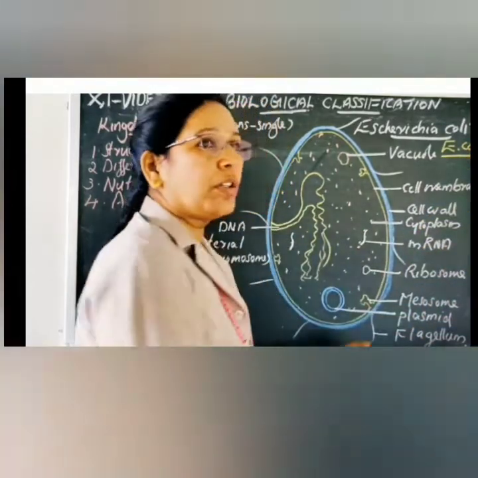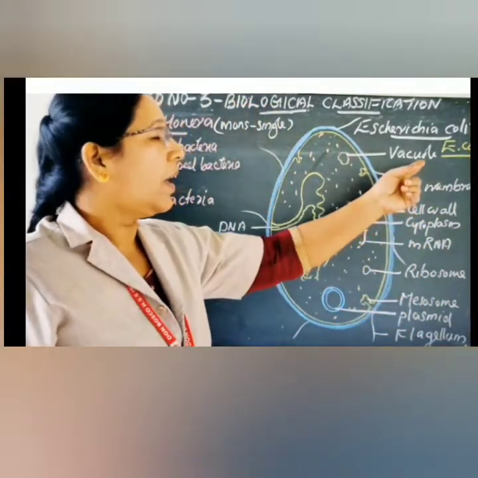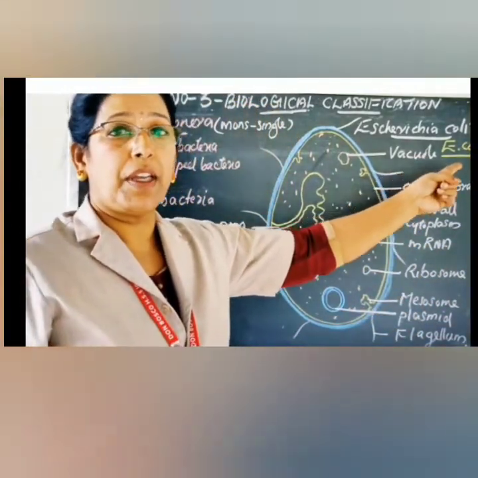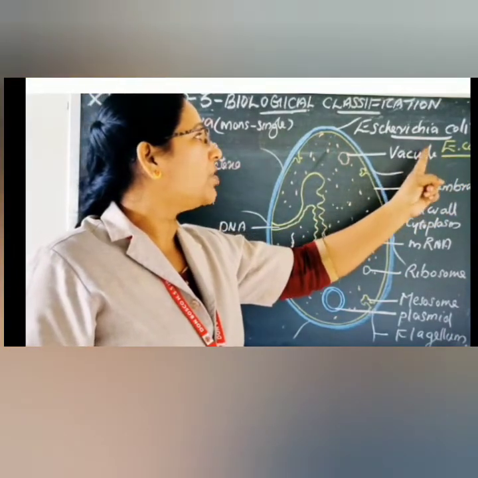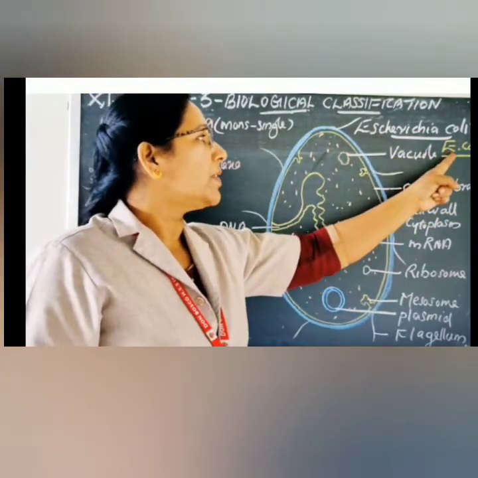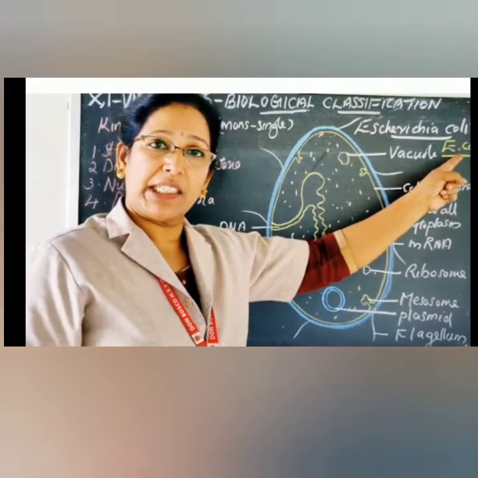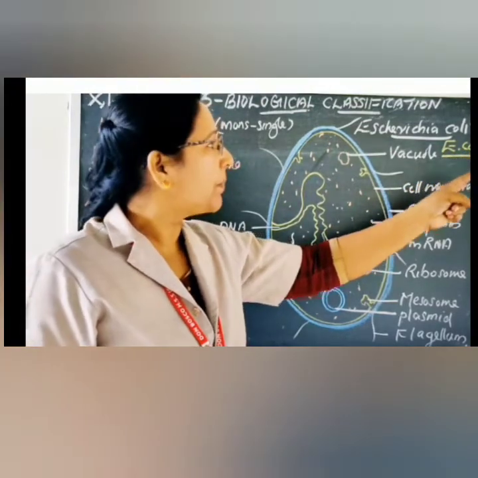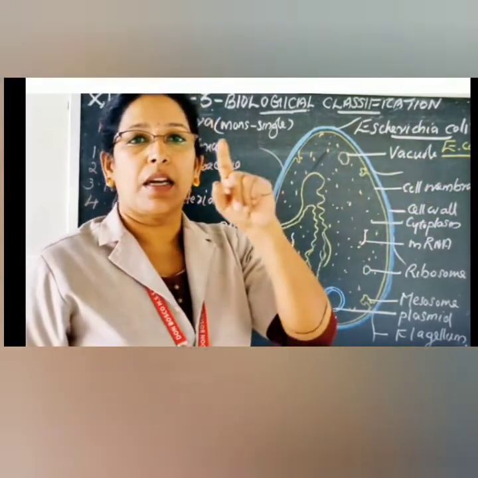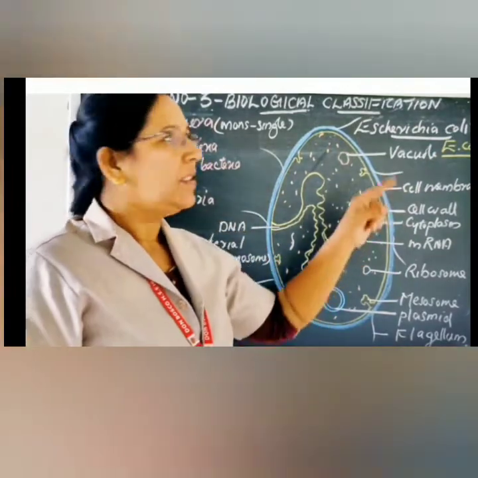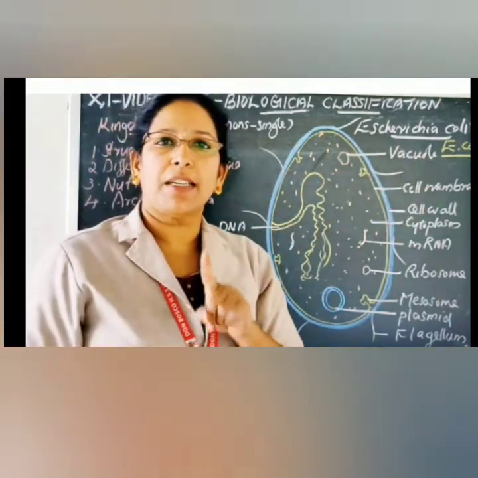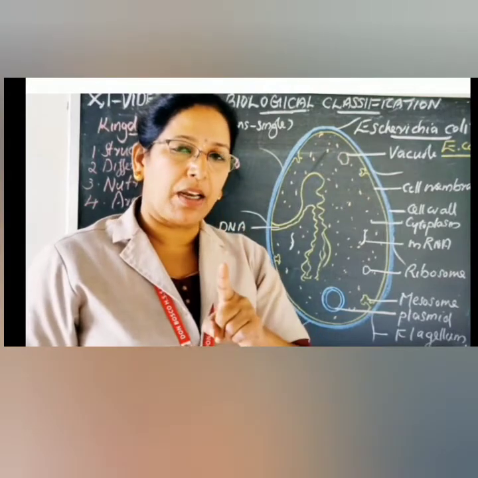That is in short. This E. coli is the scientific name of this bacteria. Escherichia is the genus name. Coli is the species name. Genus name, the first letter we write in capital.